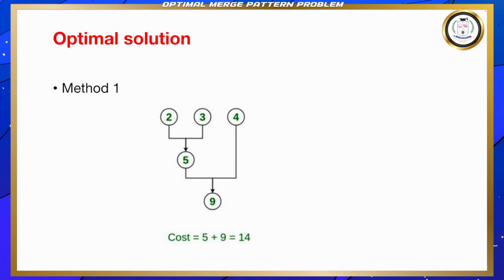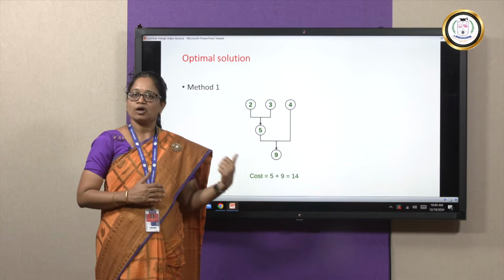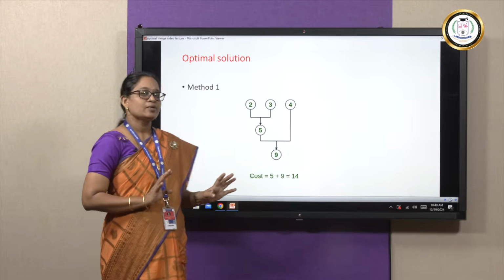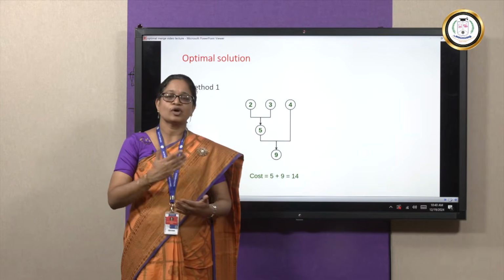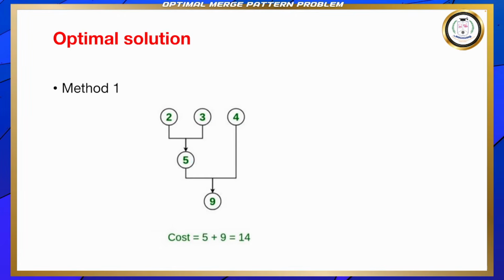First we arrange the files in the increasing order of size, that is 2, 3, 4. In this example the files are already given in increasing order. When the files are given in a different size order, first you arrange them in increasing order of size. Then you merge the smallest two files first.